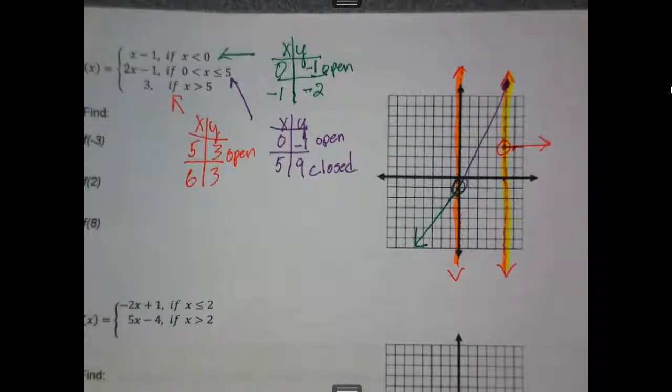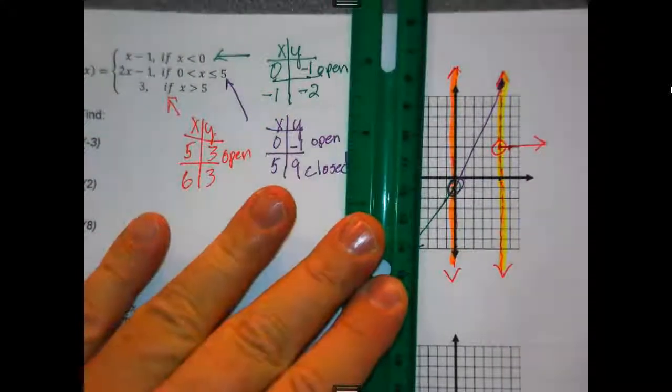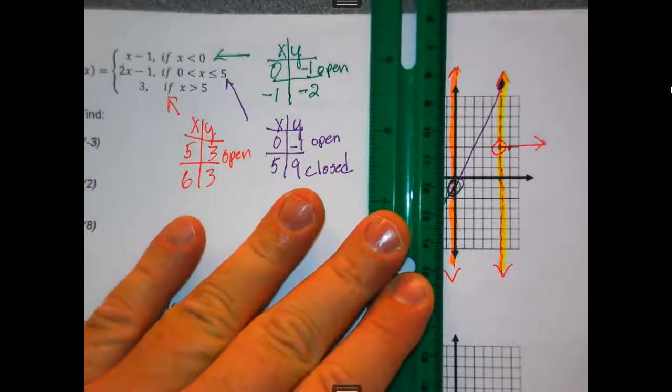I told you guys the vertical line test can only cross the graph at one point. I never told you it literally has to cross the graph at one point. Not only can it only cross it at one point, it has to cross at one point. Okay, so let's do this. 1 point, 1 point, 1 point, 1 point, 1 point, 1 point.